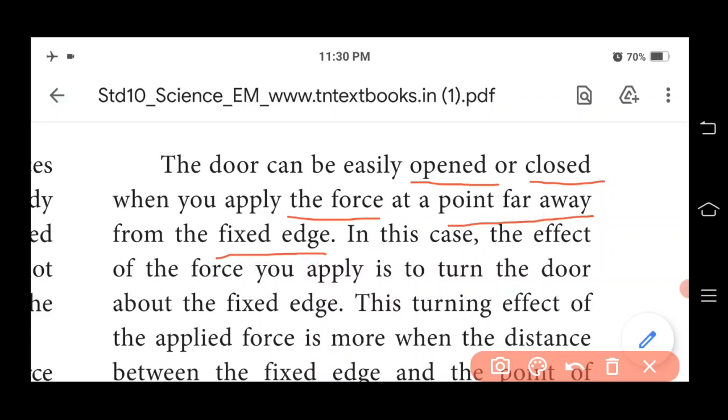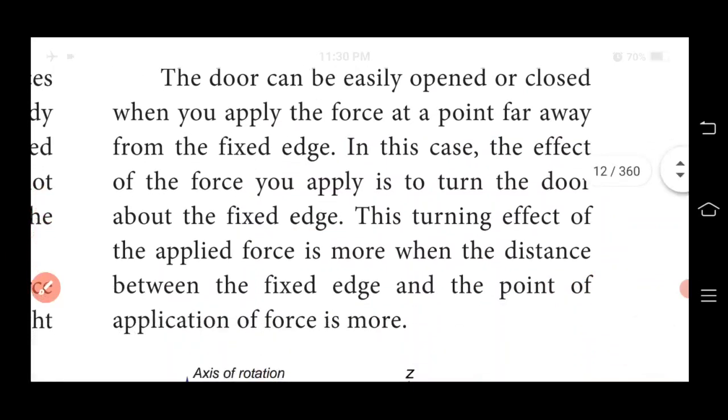In this case, the effect of the force you apply is to turn the door about the fixed edge. The turning effect of the applied force is more when the distance between the fixed edge and the point of application of force is more.